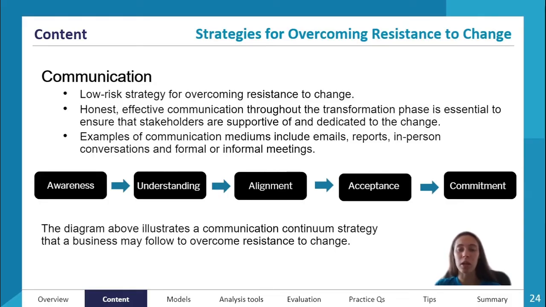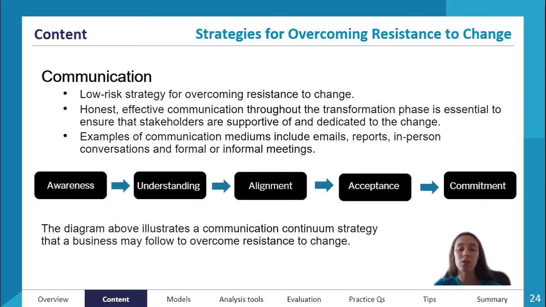You can be communicating in-person conversations, formal and informal meetings, reports, emails, all sorts of different communication styles can be part of this strategy. And this diagram that we have here is illustrating a communication continuum.